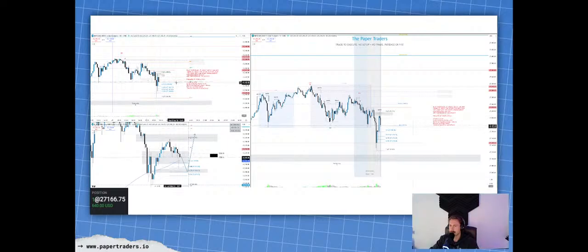We're still rejecting this fair value gap there. I think that we could also be looking inside this right there, right? They're almost back to our entry there.